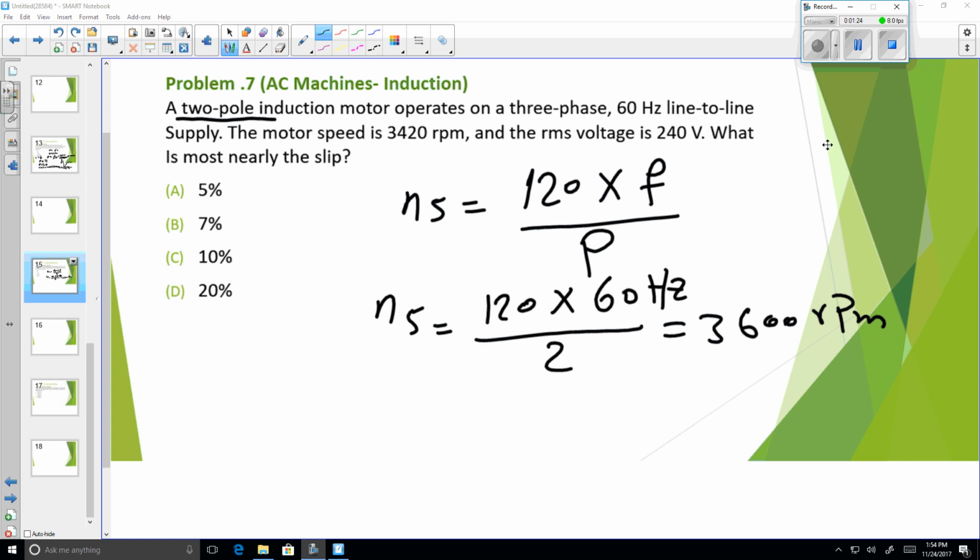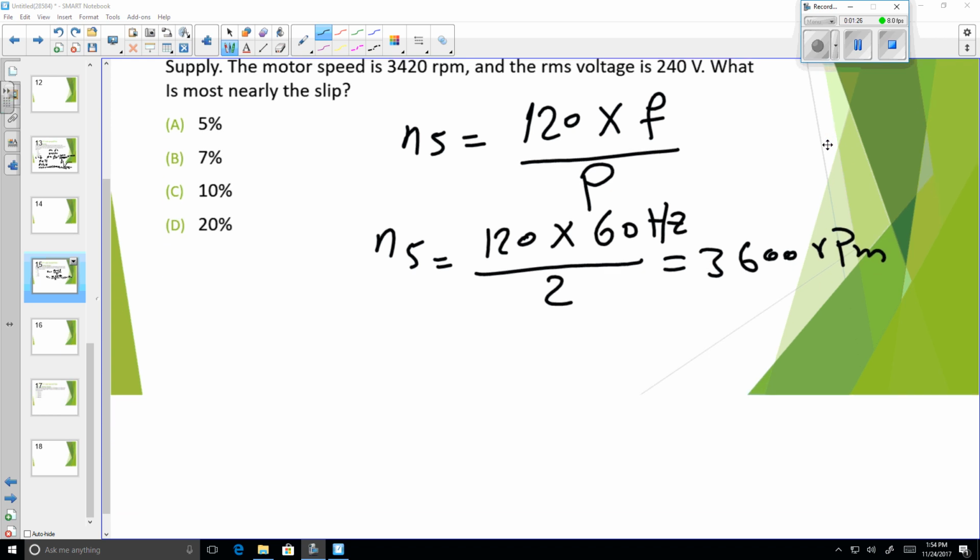Now this magnetic field will interact with the rotor, where the rotor winding is short-circuited, and based on Faraday's law there will be an induced voltage, an induced current, and then induced torque. Then the rotor will start rotating.